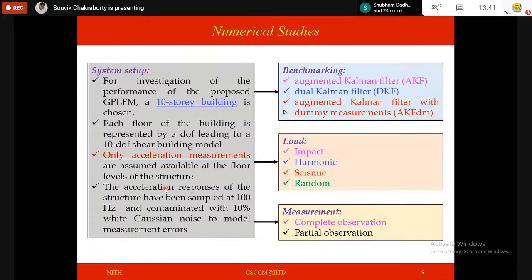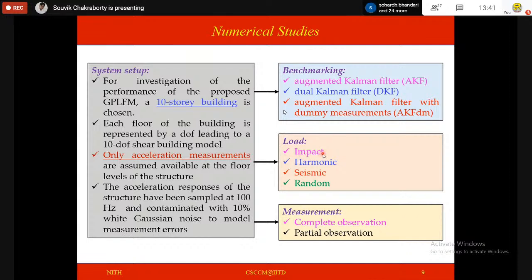So what we propose is a physics-informed GP for force identification, but there are other methods in literature for force identification as well. So these are the 3 methods for force identification that are there in literature. Now the force that the system is experiencing can be of different form.